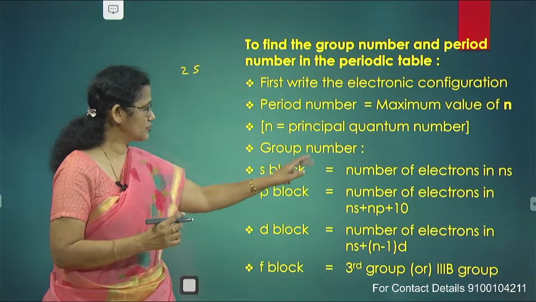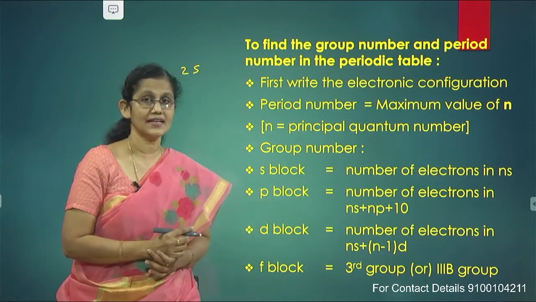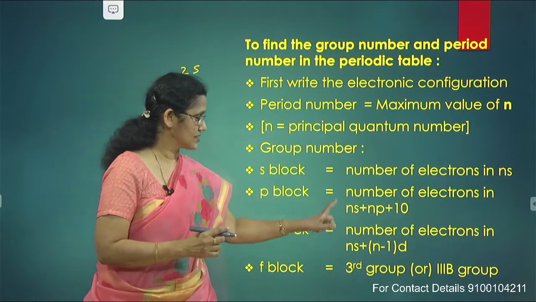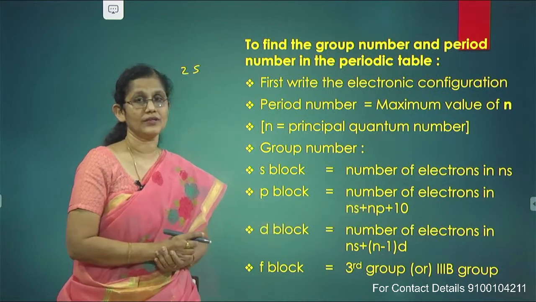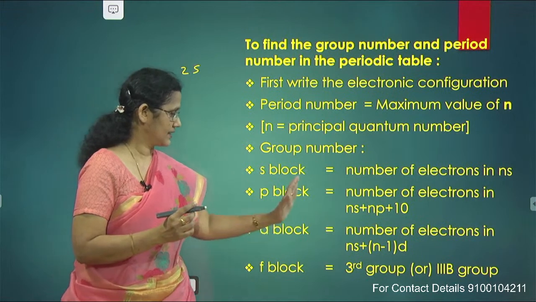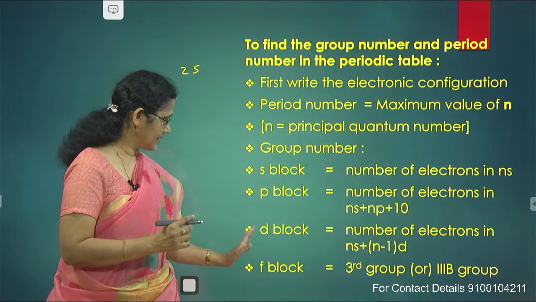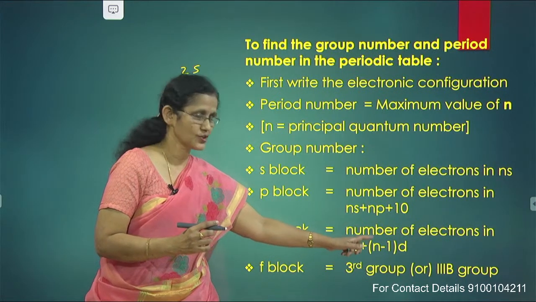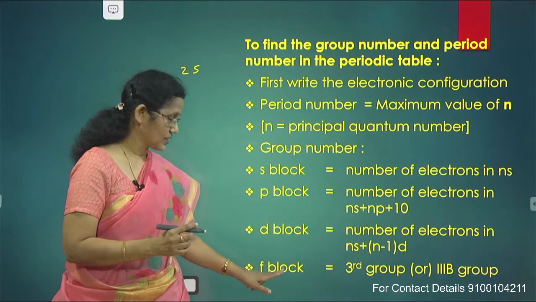So how to know the group number? For s block elements, it is the number of electrons in the ns sublevel, right. For p block elements, it is the number of ns plus np electrons plus 10. For d block elements, it is the number of electrons in ns plus (n minus 1)d orbitals together, right. Then for f block elements, how to know the group number?